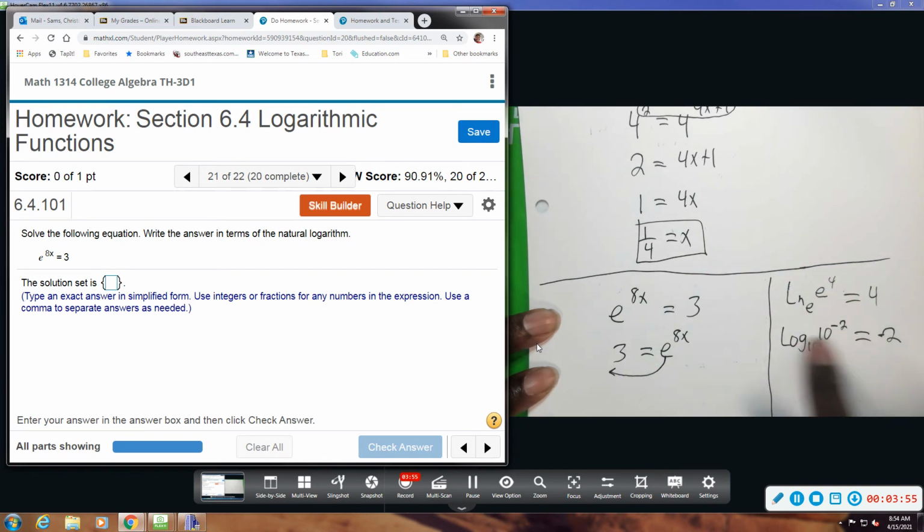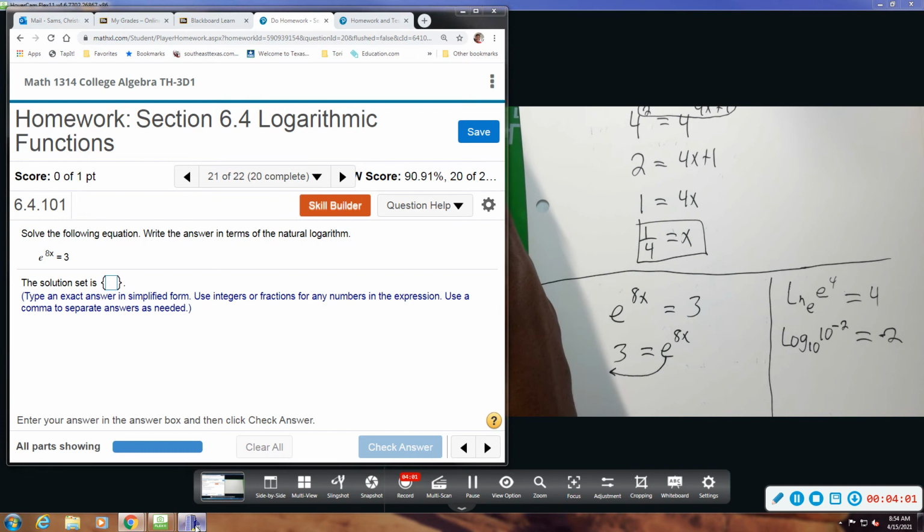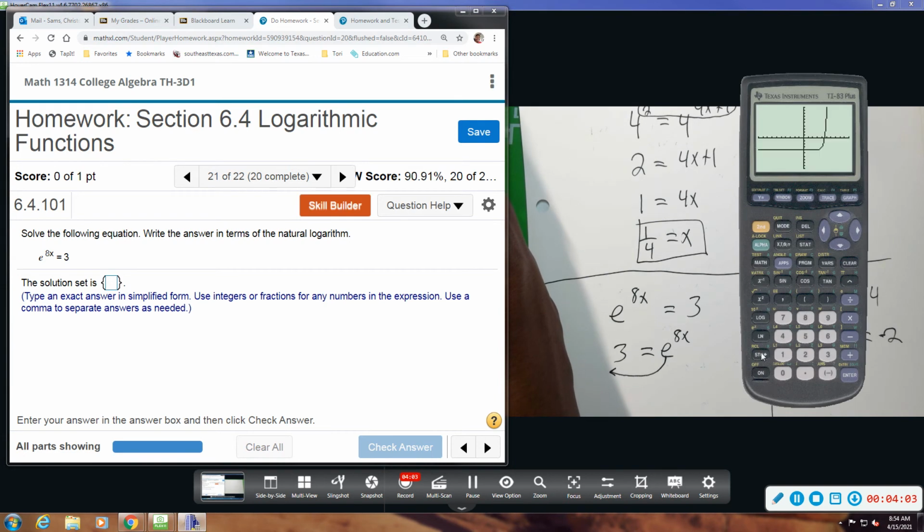Or you can use this log property. Let me show you with a calculator real quick just to drive that point home. If I were to do natural log, it has an understood base e, and then I'm going to raise this e to the 4th power.